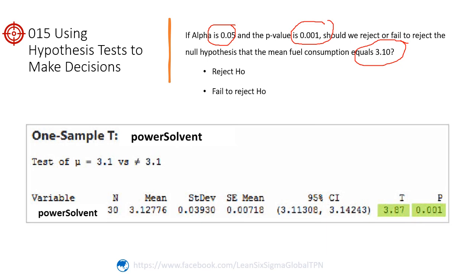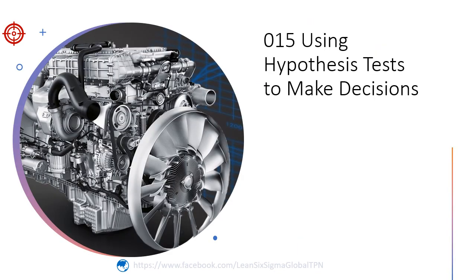Okay, so in this case, we reject the null hypothesis because the p-value is less than alpha, so the results are statistically significant. The p-value indicates whether our results are statistically significant.